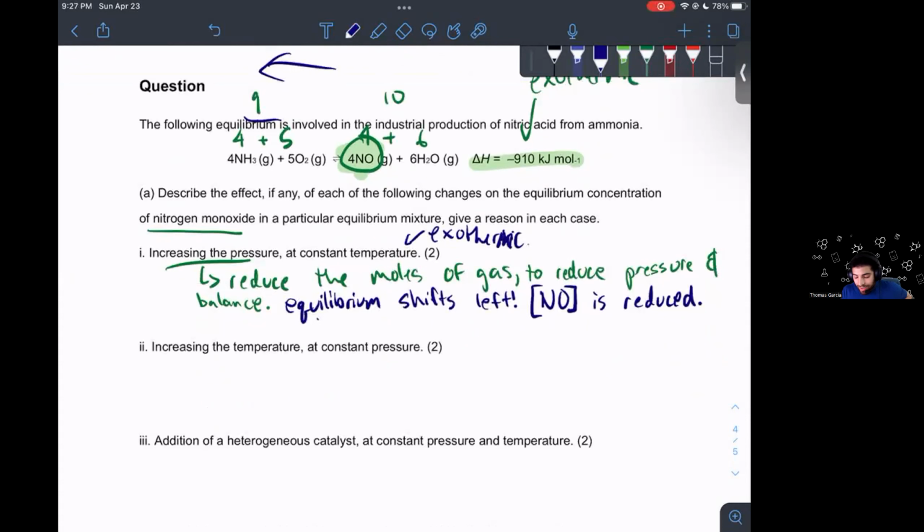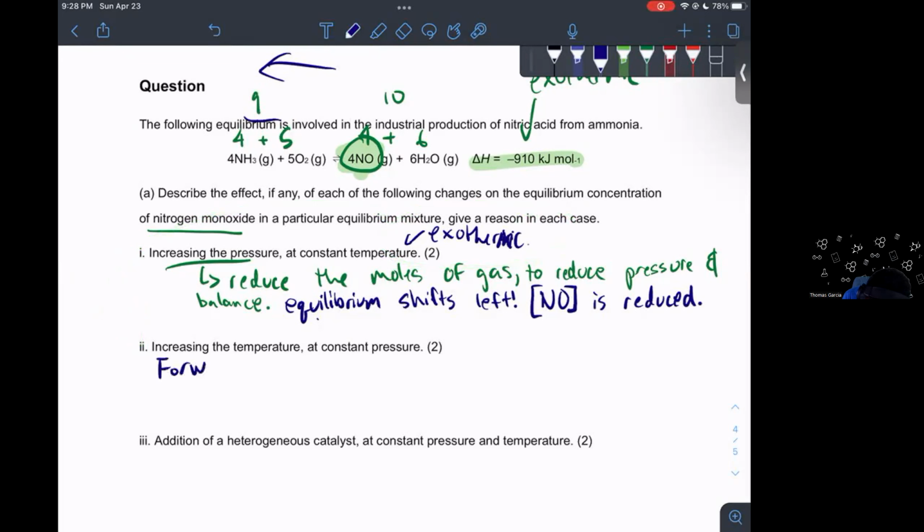All right. Increasing the temperature at a constant pressure. If we're increasing the temperature, we want to figure out how we can work with that. So we already said that this is exothermic. So as we add temperature, we want to try and reduce temperature. So here, we're going to take exactly what we said before. It's exothermic, but now let's bring that into play.